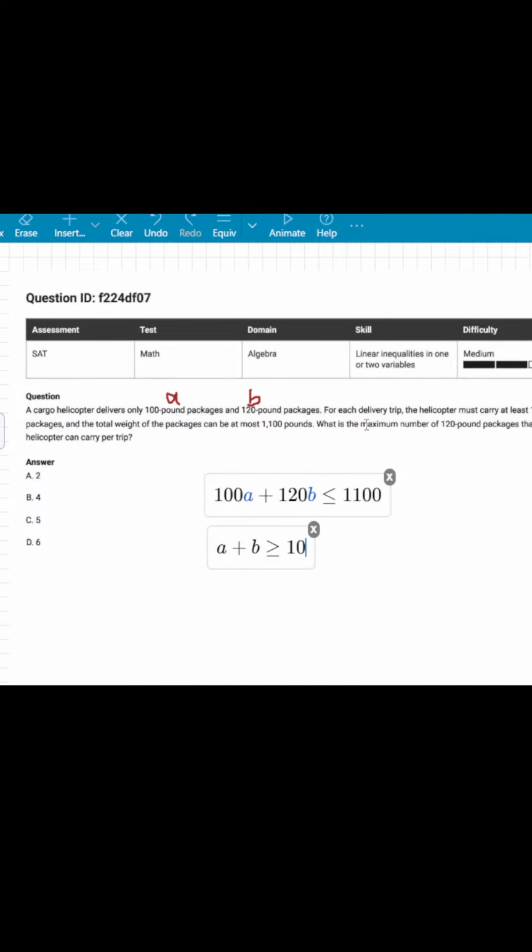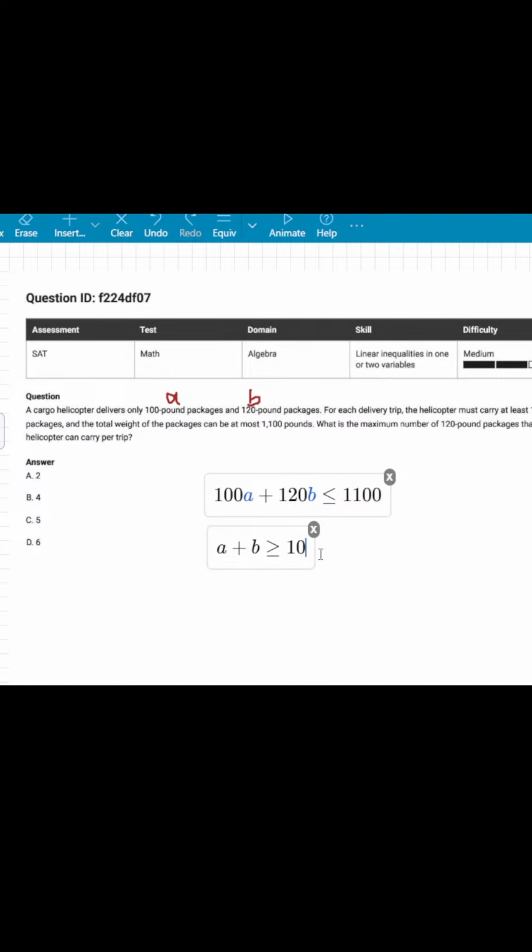Now I have to find the maximum number of 120-pound packages. So 120-pound packages is B. So I have to find what is the maximum value of B. So we can find it from this equation. Here we have a less than equal to sign, so we can find what is the constraint for B. But for that we can solve it like a linear equation where we take one value in terms of the other with an inequality and then substitute that here.